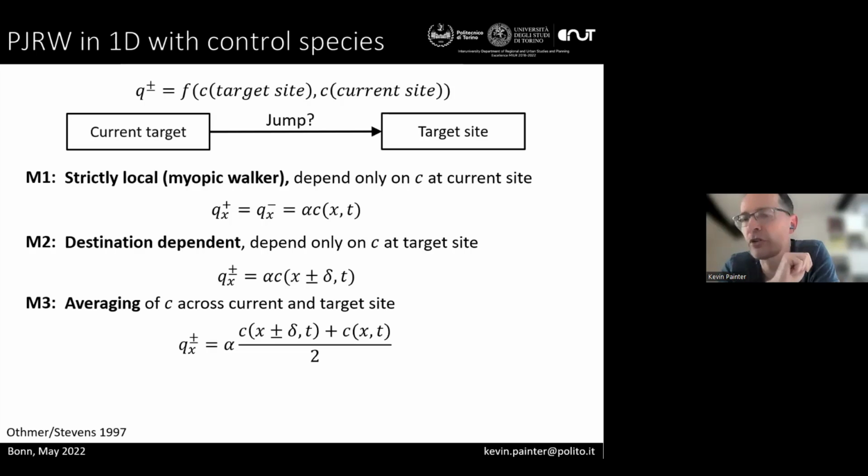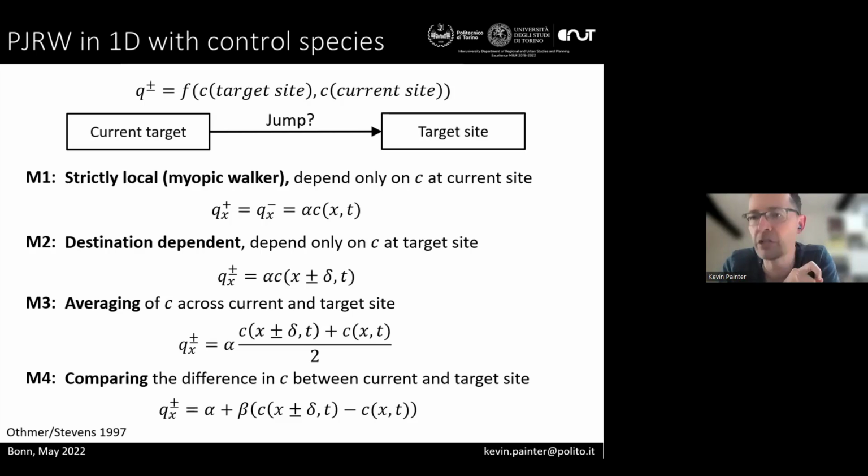You could do some sort of an averaging process as well. You could look at your current site and the target site and then average the information across those two locations. And you could also do a comparison process, where you look at the difference in C at the current and the target site.